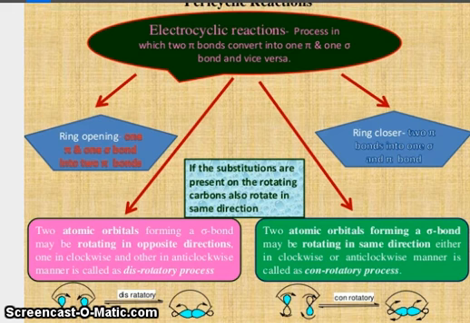If the two atomic orbitals forming a sigma bond rotate in opposite directions, one clockwise and the other anti-clockwise, this is called a disrotatory process. If they rotate in the same direction, either both clockwise or both anti-clockwise, it is called a conrotatory process.